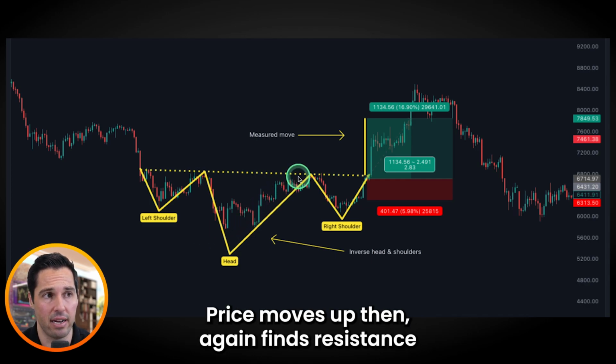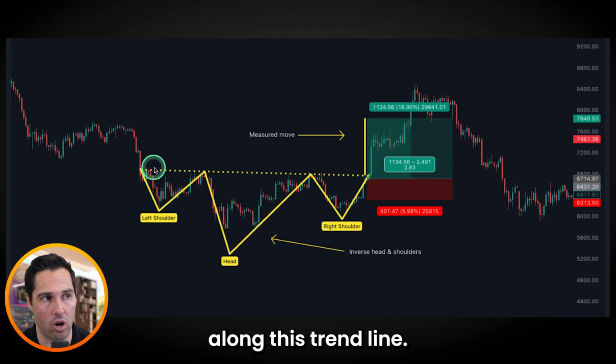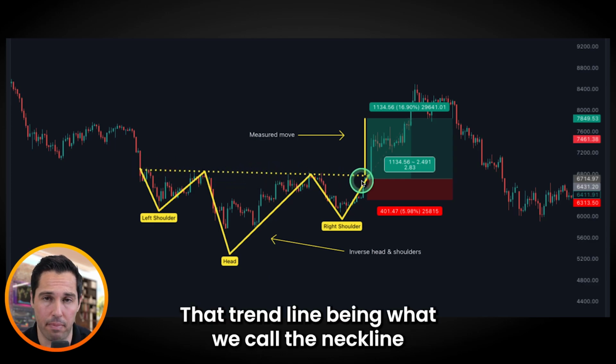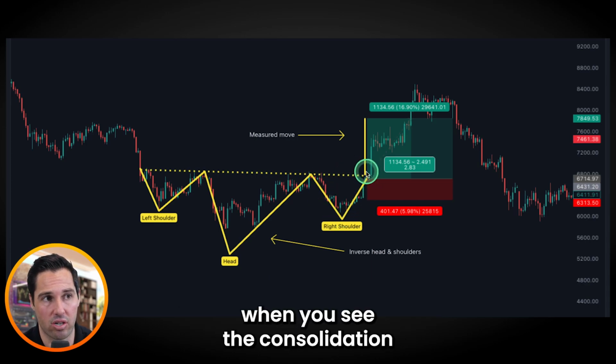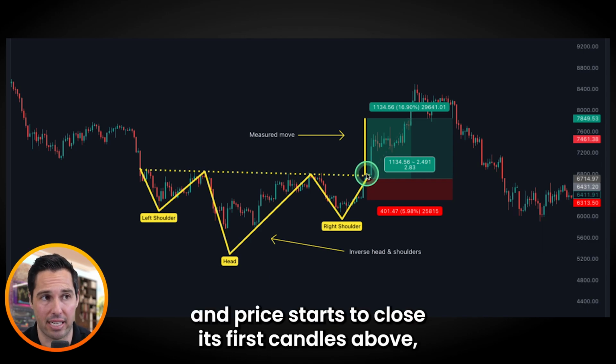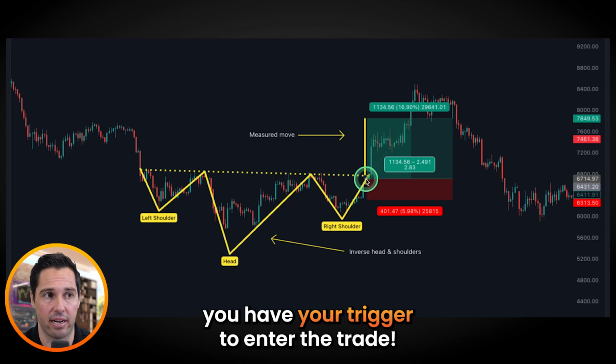Price moves up then, again finds resistance along this trend line, that trend line being what we call the neckline. Creates the right shoulder, and ultimately when you see the consolidation around that neckline and price starts to close its first candles above, you have your trigger to enter the trade.